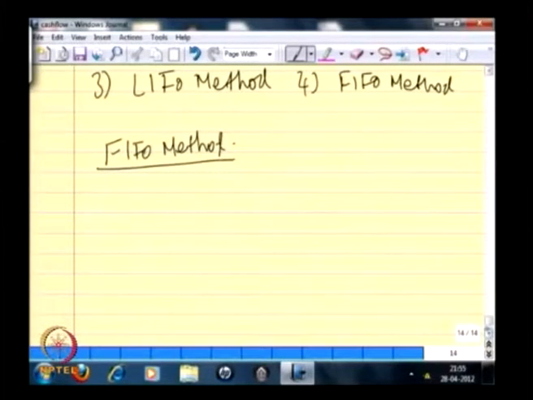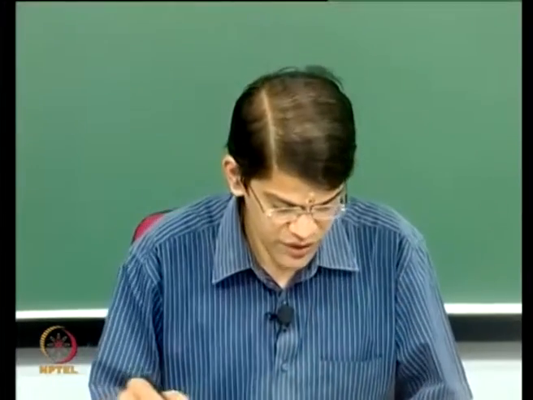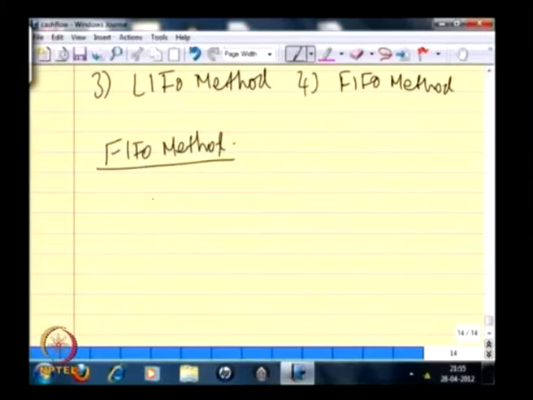The FIFO method says that I have to assume that the oldest inventory that I purchased gets processed and sold first. So, under that assumption, for the same example where I am going to sell 150 units, let us see how cost of goods sold is calculated.